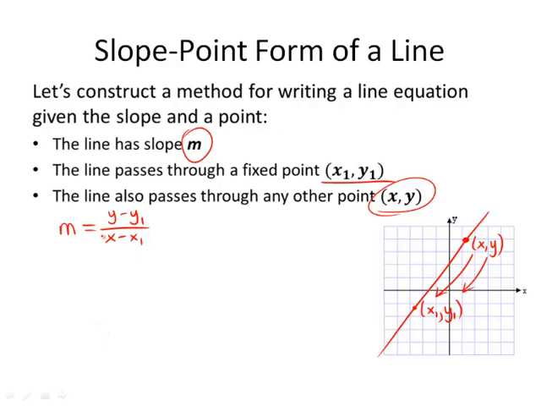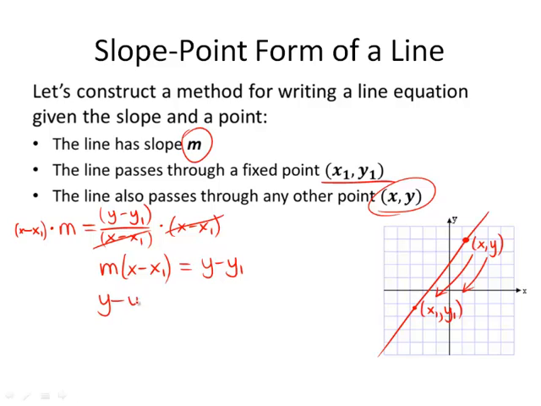We can rearrange this formula by multiplying both sides by x minus x1, thus canceling out the denominator and getting y minus y1 on one side equal to m times x minus x1 on the other side. This formula is often written with y first, so I'm just going to switch the order here. And this is called the slope-point form of a line.